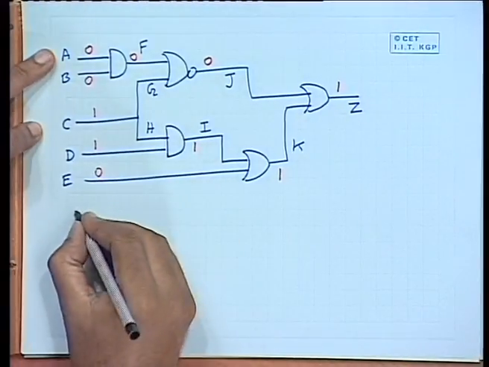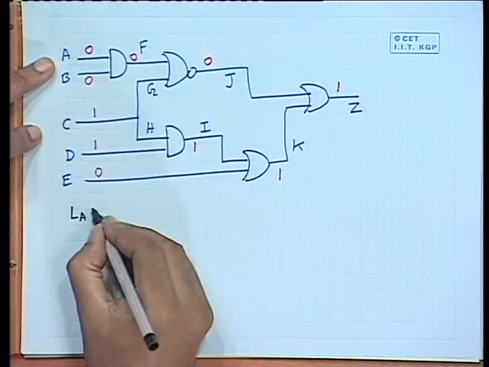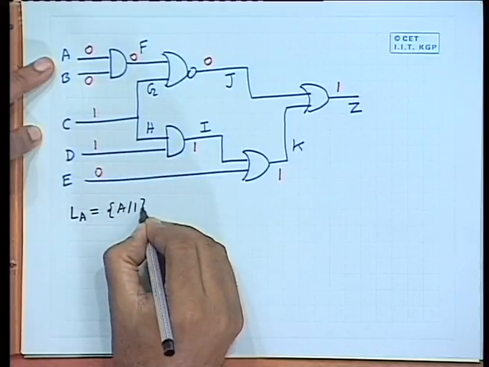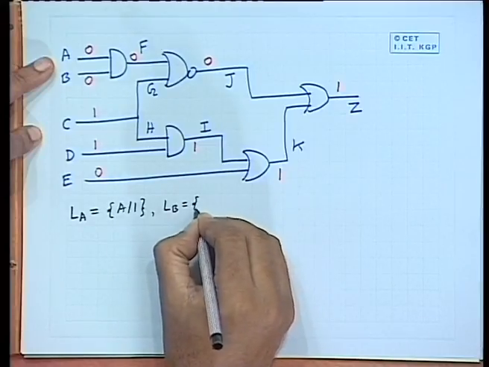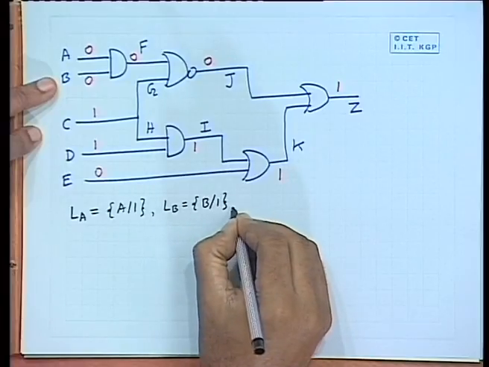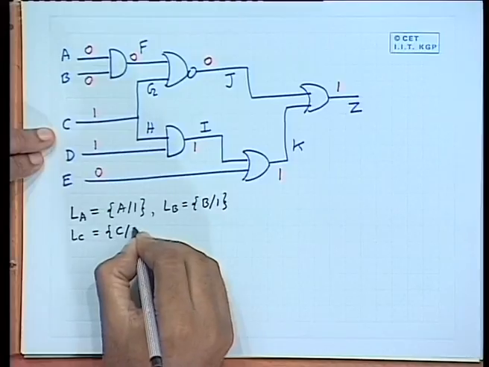Okay. So, now if we try to systematically compute the fault lists starting from the primary input LA, A is at 0. So, LA will contain only A stuck at 1. Similarly, LB will contain only B stuck at 1. LC will contain C stuck at 0.